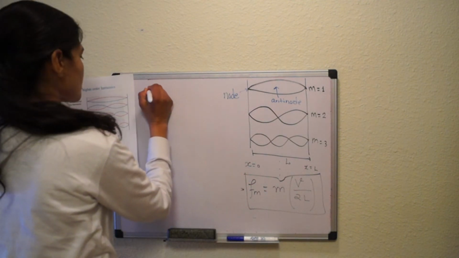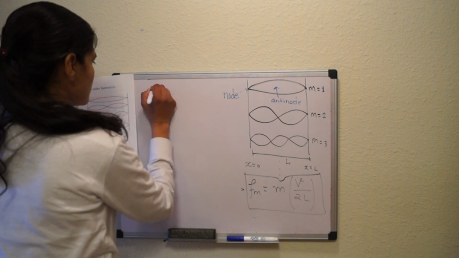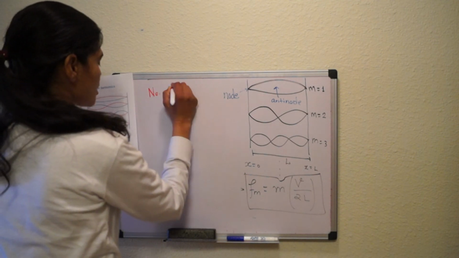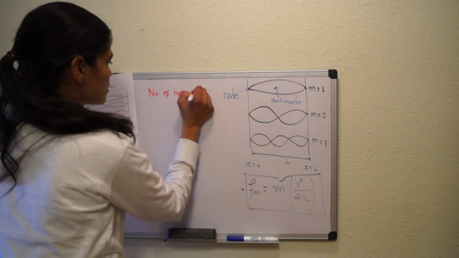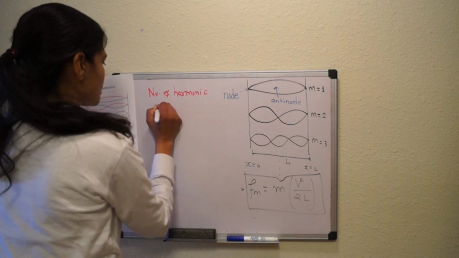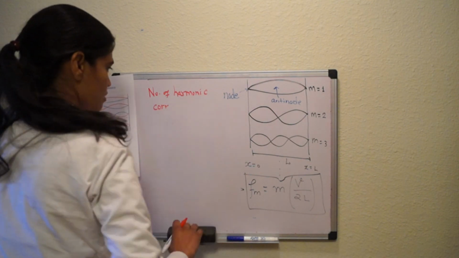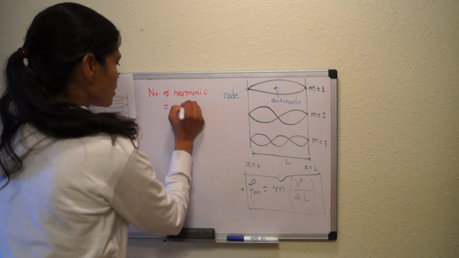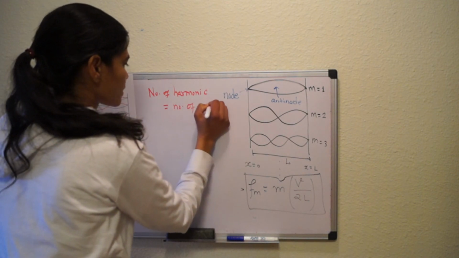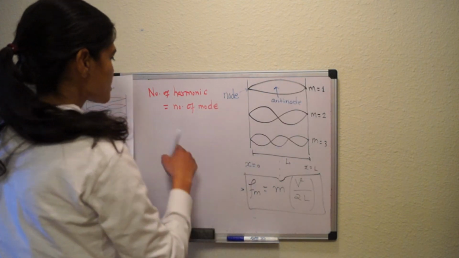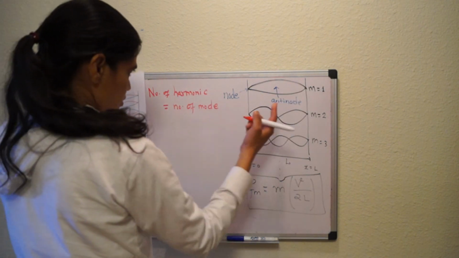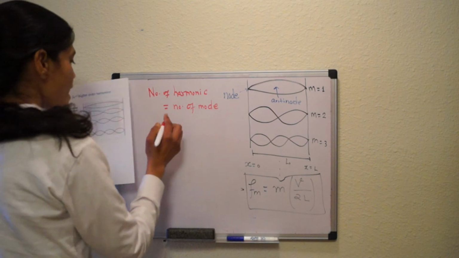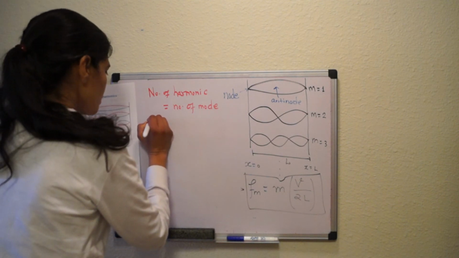The number of the harmonic is equal to the number of the mode. Mode 1 means first harmonic.